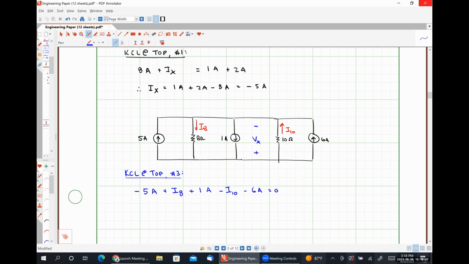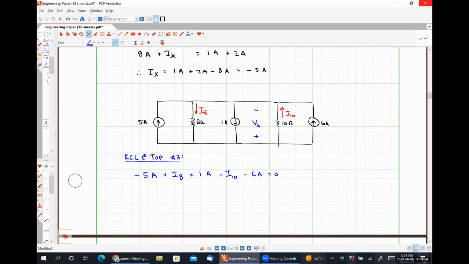And we set this equal to 0, and we can do a couple of simplifications here. I have a positive I8 and a negative I10, and that is equal to 5 plus 6 minus 1. So that's 11 minus 1, which is 10 amps. If my mental math is correct. If anybody needs to correct my algebra, please do so, but I believe I got this right.